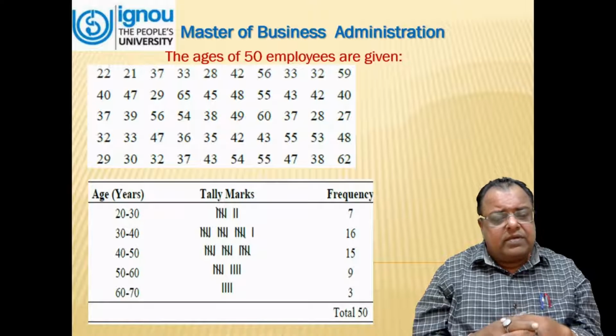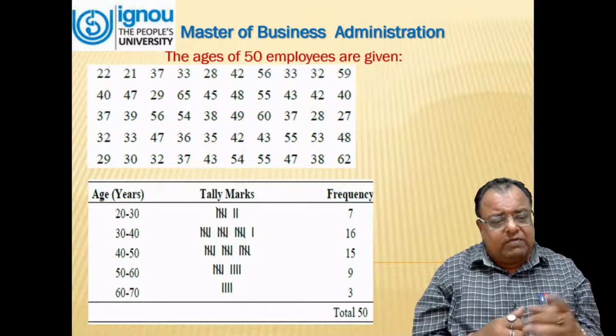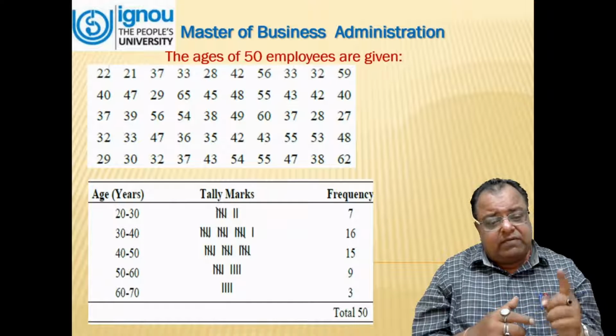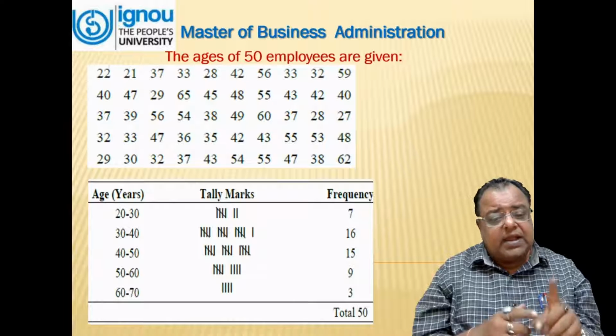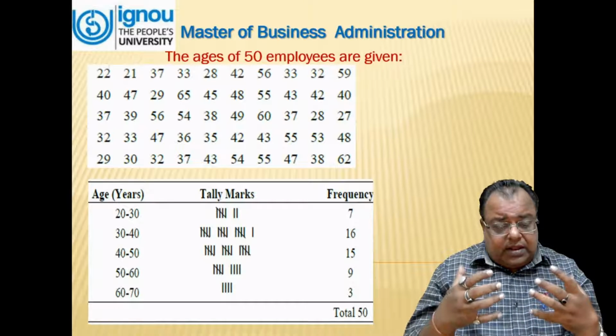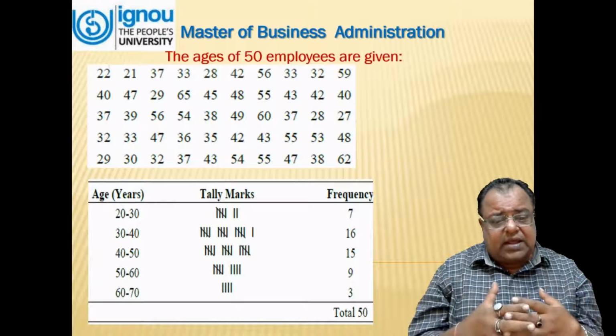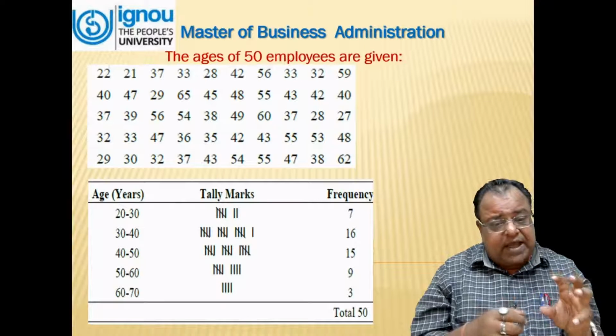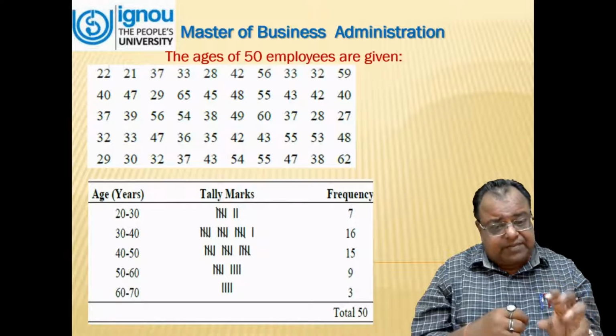Similarly, we will start with 22. We will see the age group in which it comes and mark one vertical line. For 21, we will again go to the first class and mark one vertical line. We can see that there are four vertical lines and one inclined line. That means we are representing five things at a time.